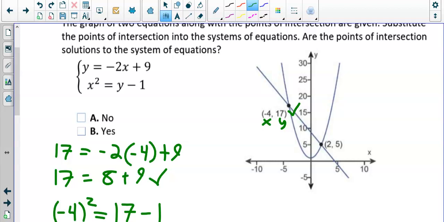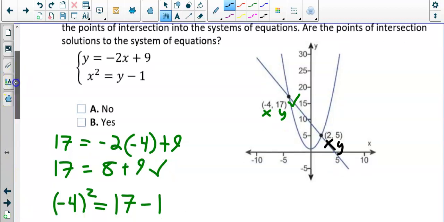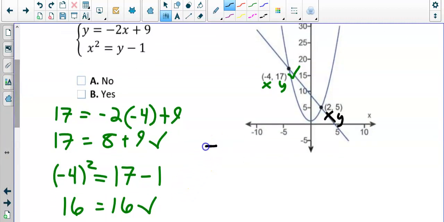Now we need to check one more point, the 2, 5. So again, all we're going to do, this is x, this is y, plug in. So we have this time 5 equals negative 2 times 2 plus 9. What's negative 2 times 2?